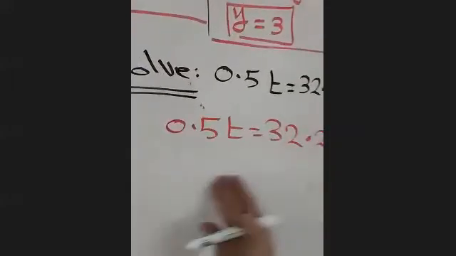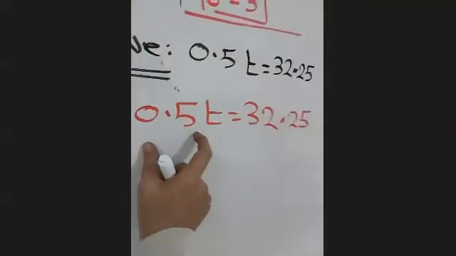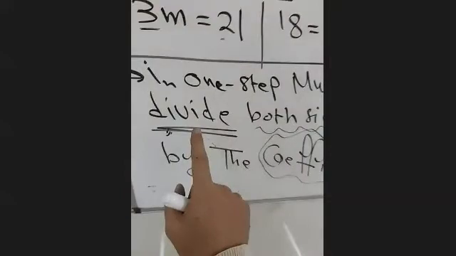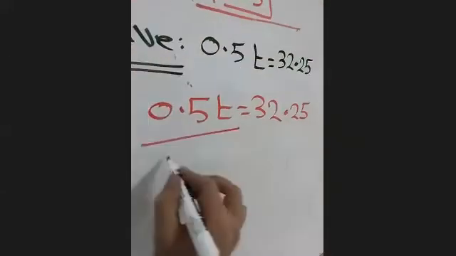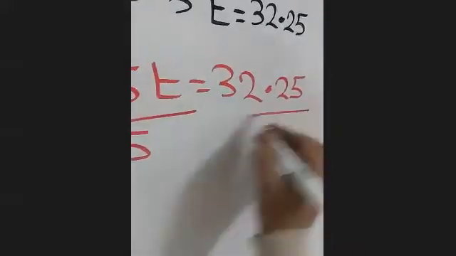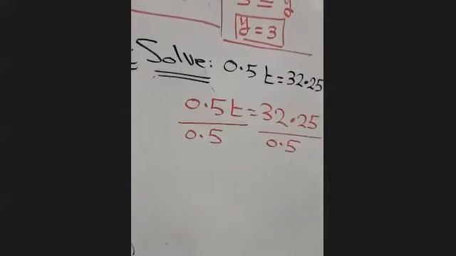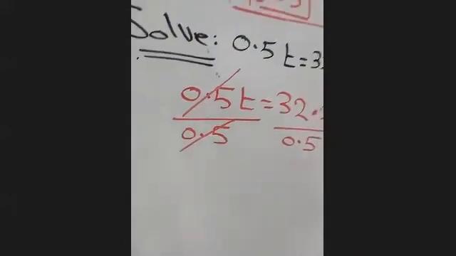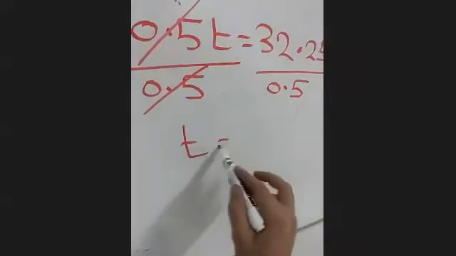Now, where is the variable t? What's the coefficient? 0.5. In a one-step multiplication equation, divide both sides by the coefficient. So I will divide both sides by the coefficient, like this. Now 0.5 divided by 0.5 is 1. 1 times t is only t.